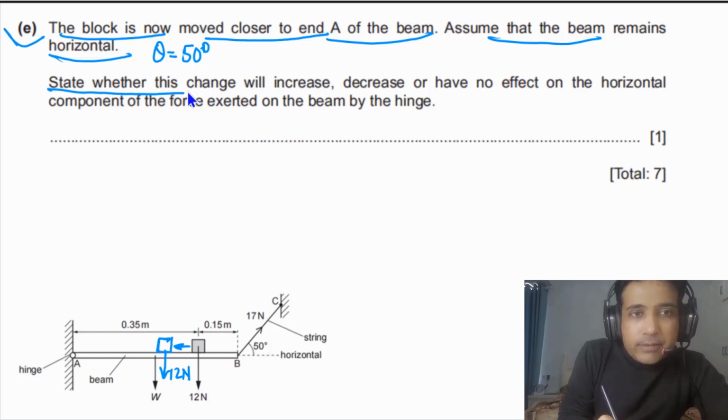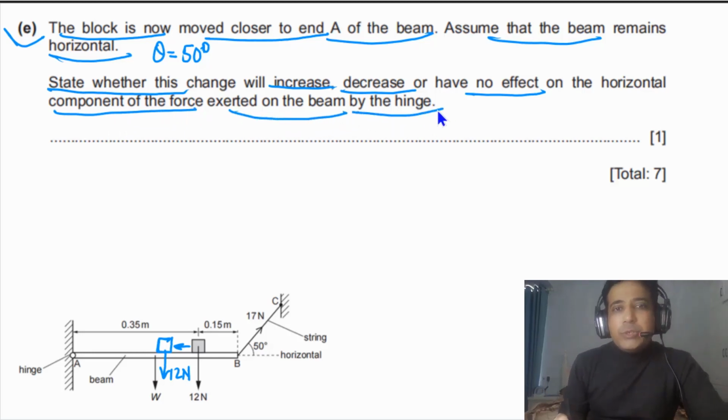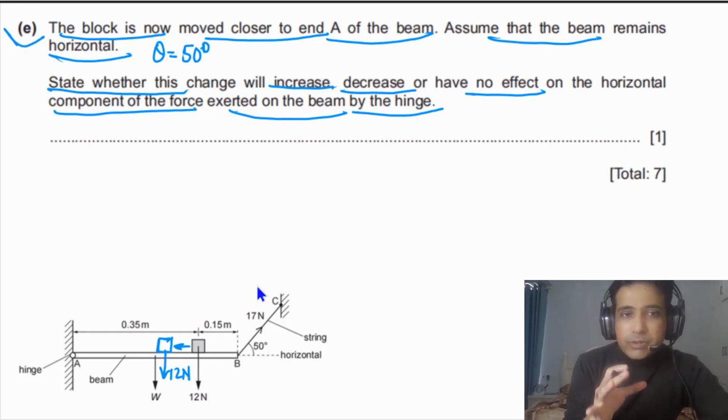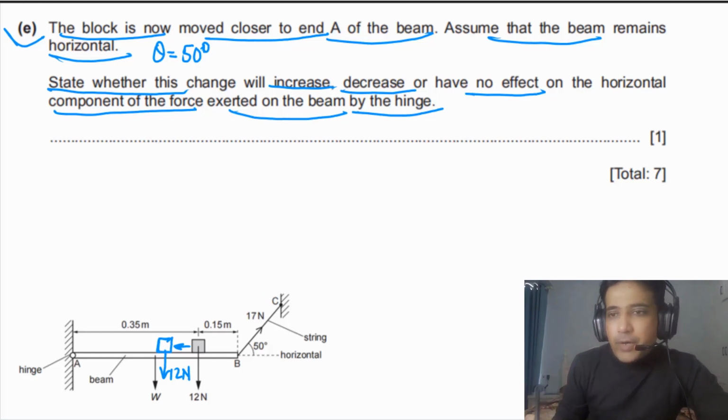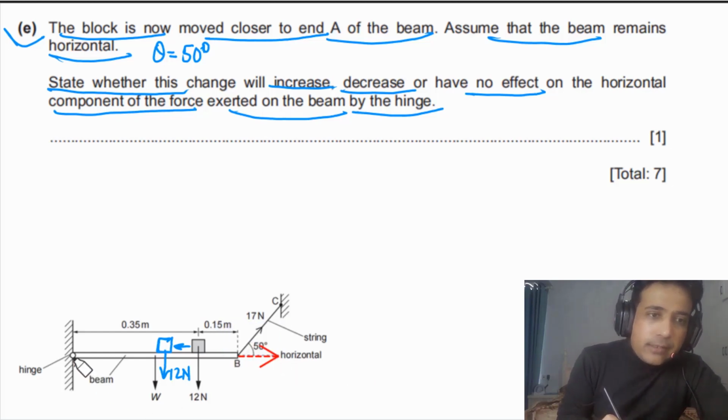State whether this change will increase, decrease, or have no effect on the horizontal component of the force exerted on the beam by the hinge. So we need to consider the horizontal forces acting on the beam. We have one horizontal force, the component of tension, acting to the right. So there is a component of hinge force acting to the left.